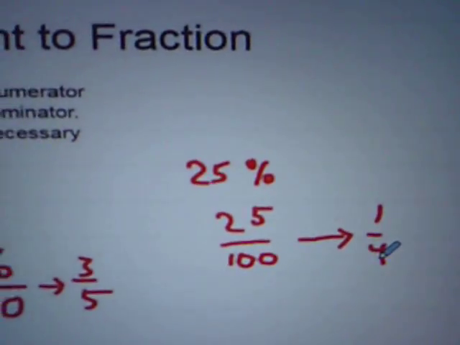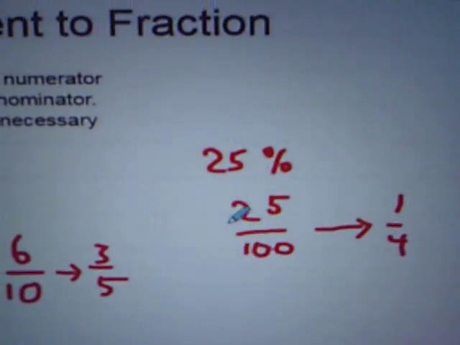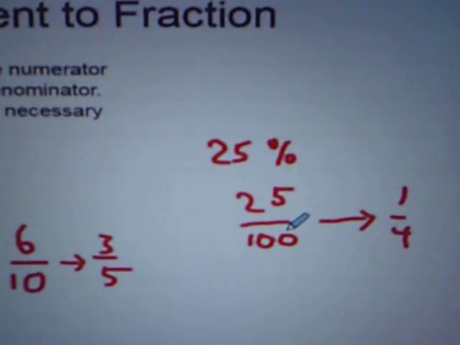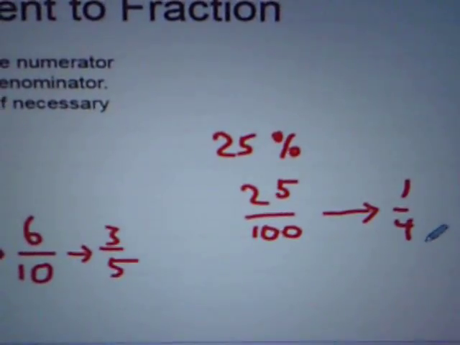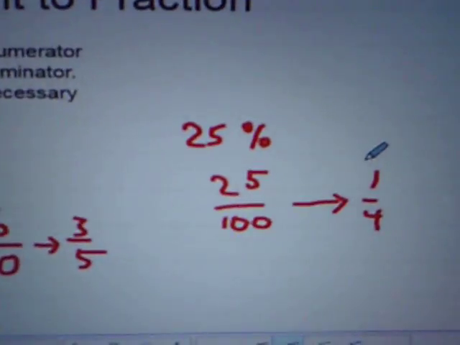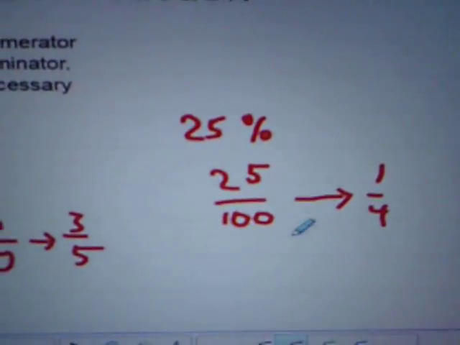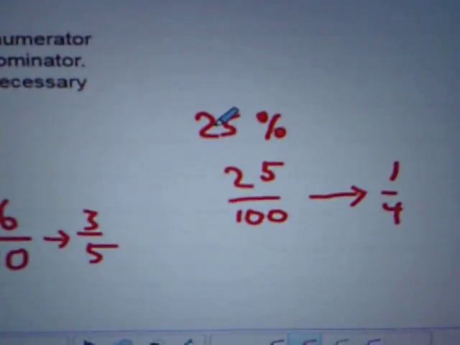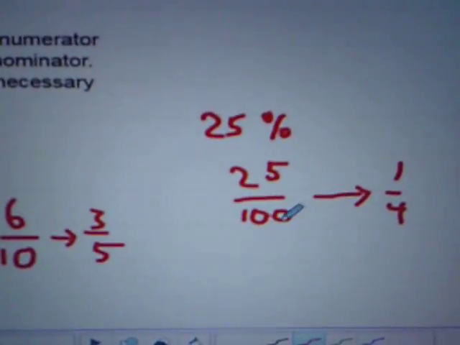So, once again, this is a perfectly acceptable way to rewrite this percent as a fraction, but whenever we work with fractions, it is helpful to simplify. So again, go back to the previous video on simplifying fractions or research it online to better understand how to simplify a fraction. But for the main part, if you do the percent over 100, that'll be an appropriate fraction form of the percent.